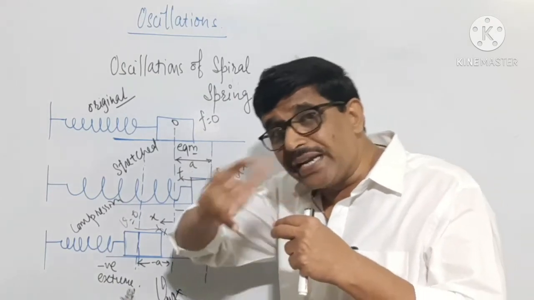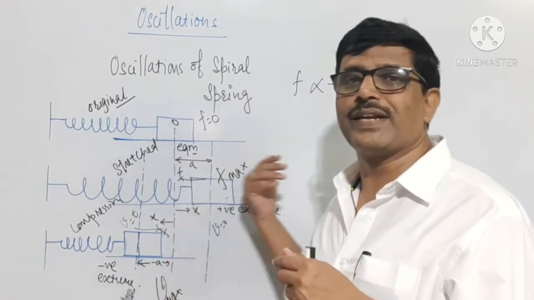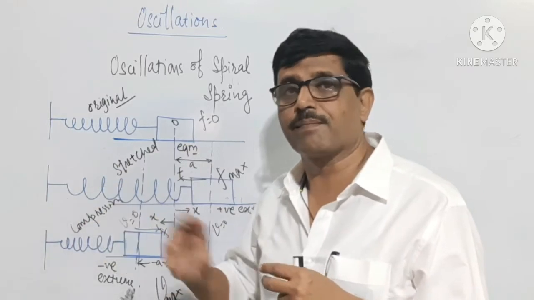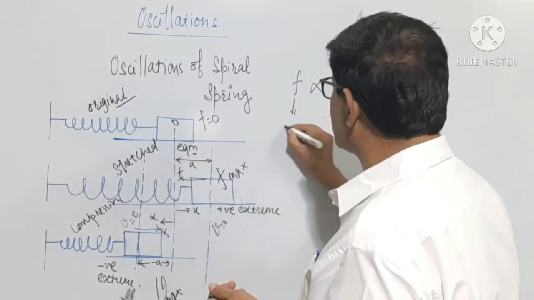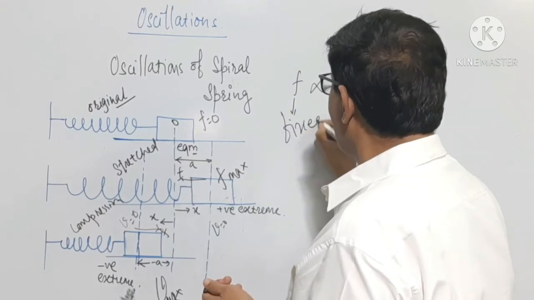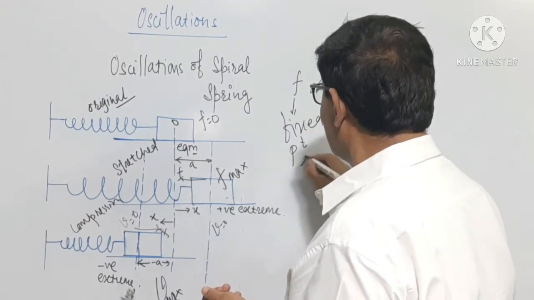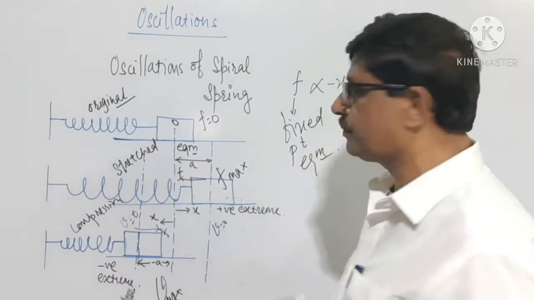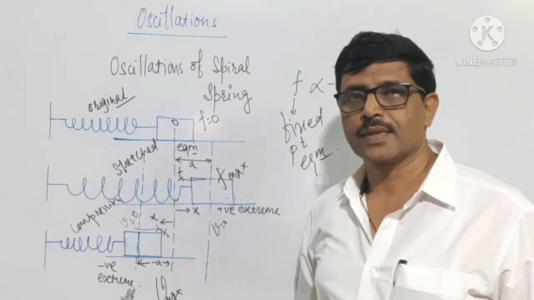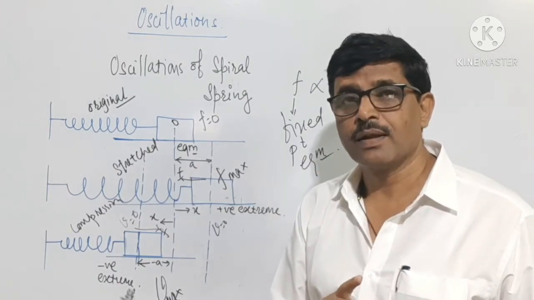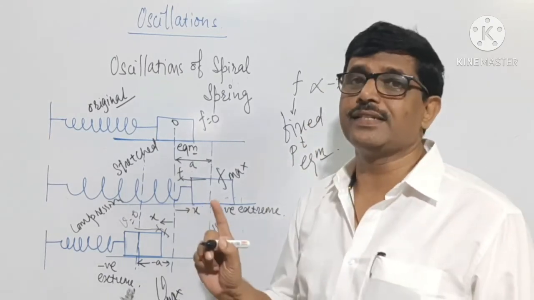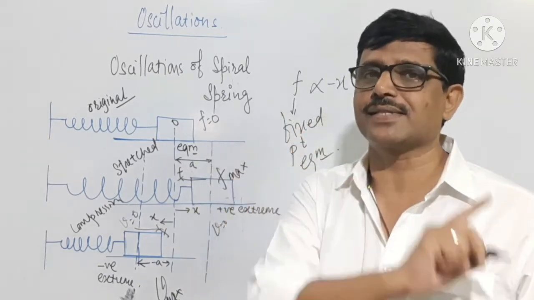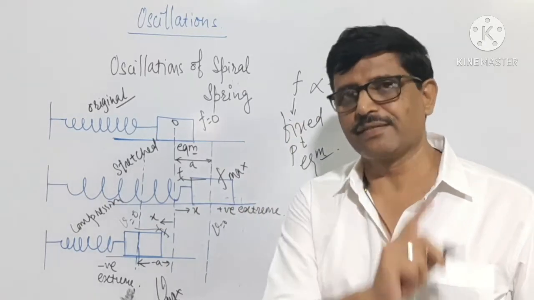Therefore, every time, whether it is moving to positive extreme or negative extreme, the force is always towards a fixed point, and that fixed point is equilibrium. This is one thing. The direction of force is not constant in this case, it is changing continuously.